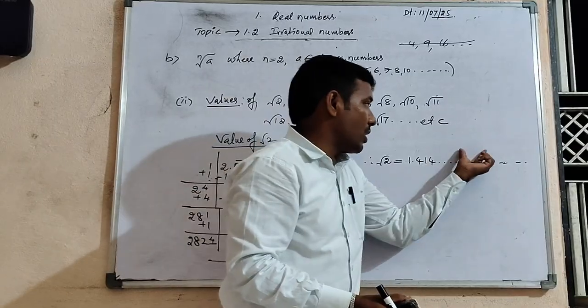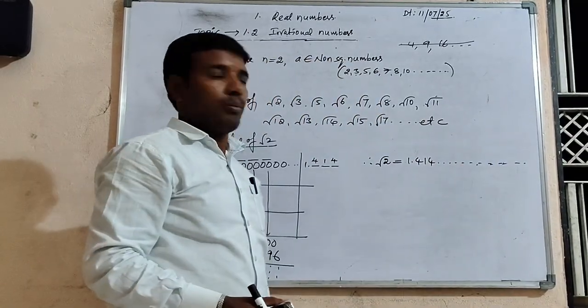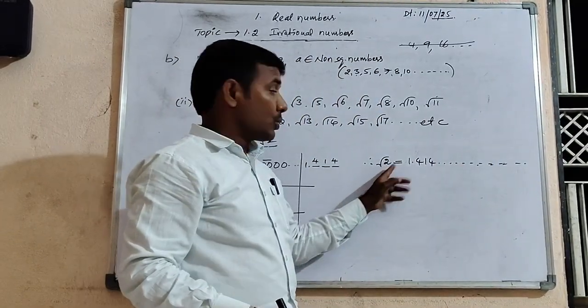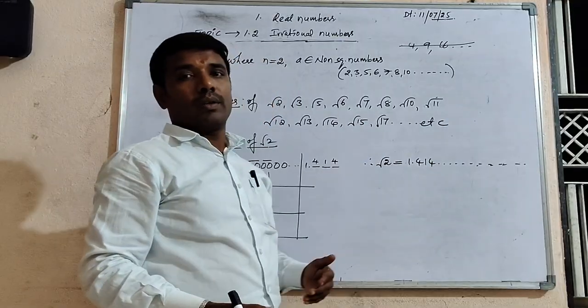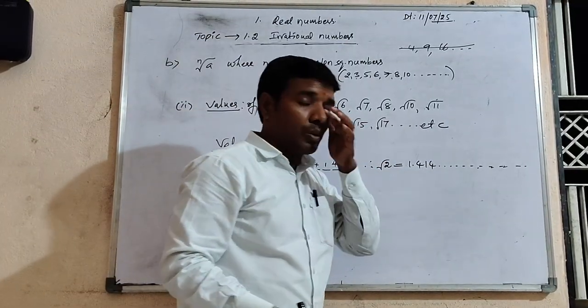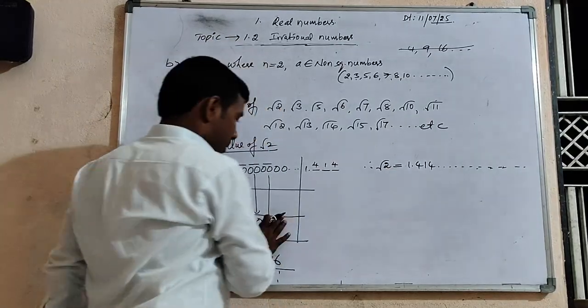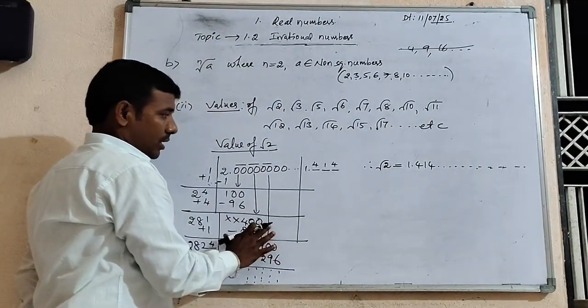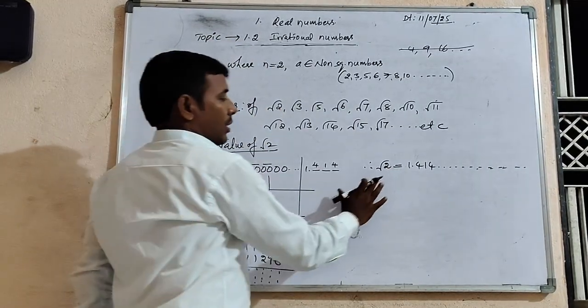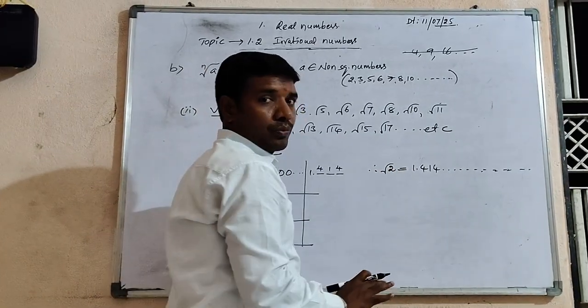In this answer we cannot see repetition because it is an irrational number. We cannot express this number in p by q form because it is irrational. In this manner, in this process, we found the root value.